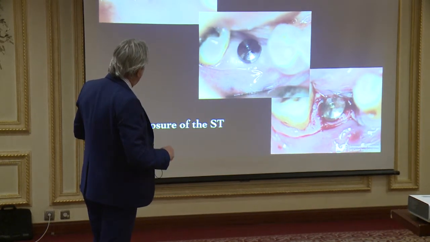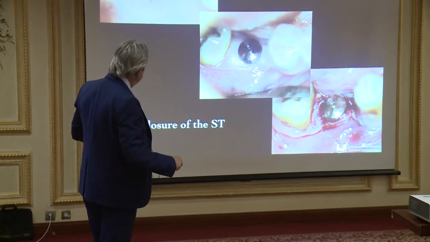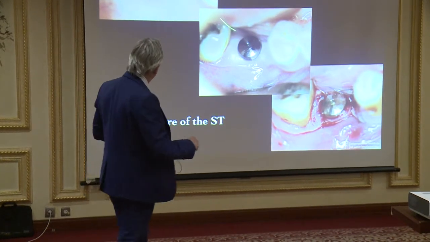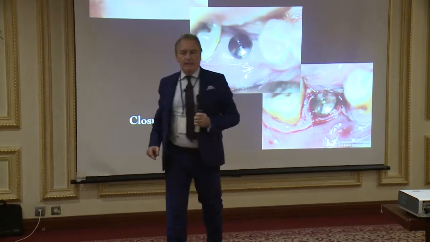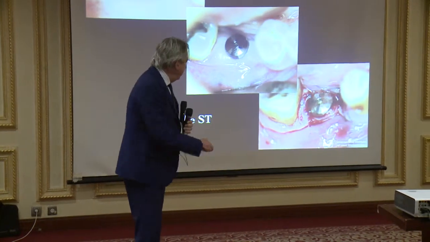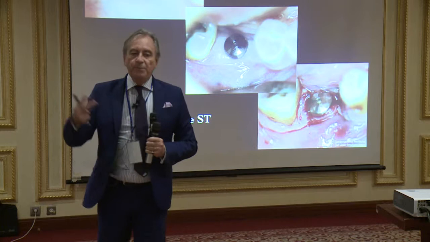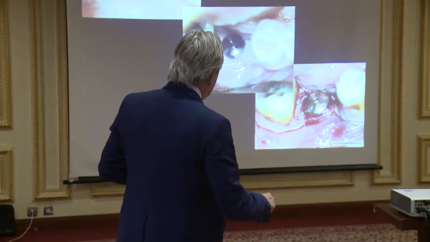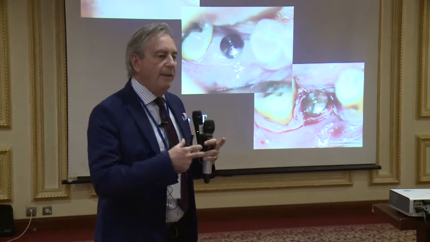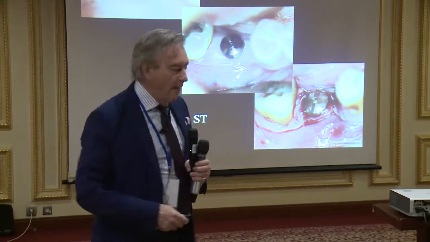And this is just after extraction, different aspects, different clinical cases. In some of the cases, for example here, the first molar is missing. So the problem is to avoid this gap within the soft tissue.